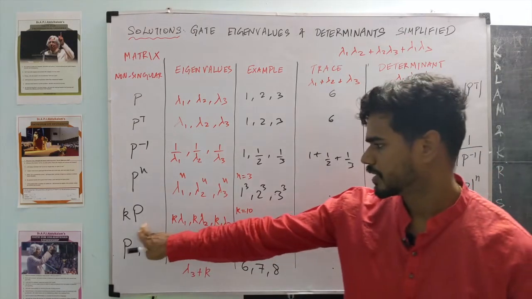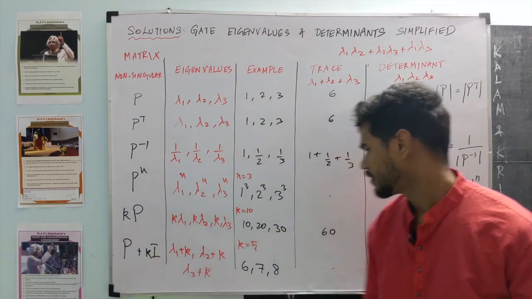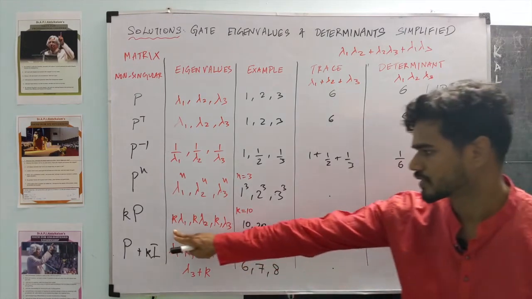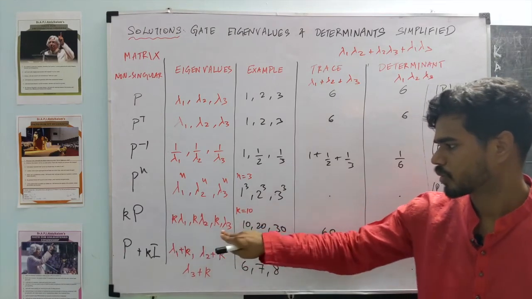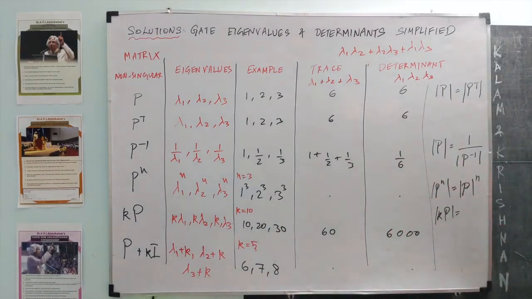How about the matrix k times P, multiplied by a constant? The determinant of k times P is, you notice each of these eigenvalues has a factor of k. So lambda 1 lambda 2 lambda 3, the original determinant, times k power 3. If there are n eigenvalues, in that case it's k power n times the determinant of the original matrix.